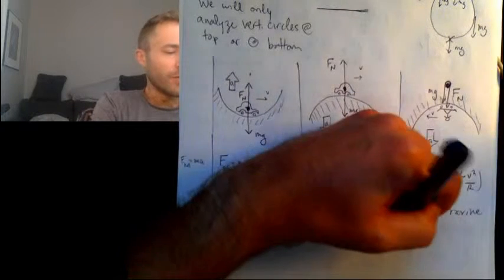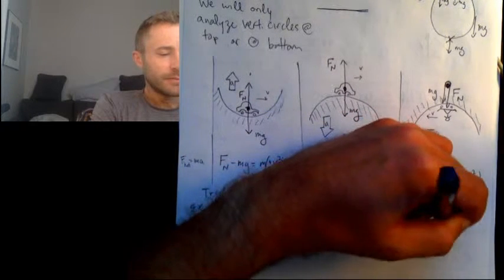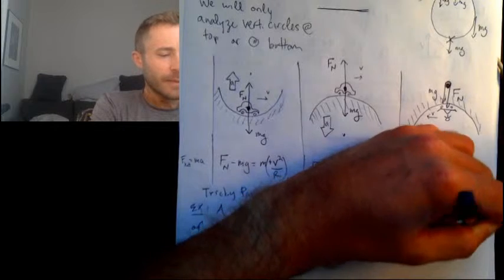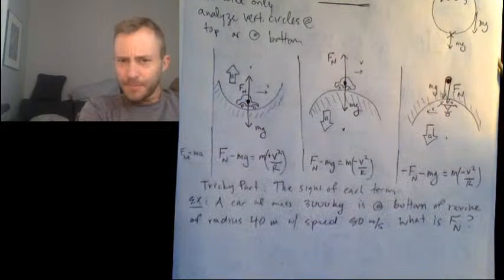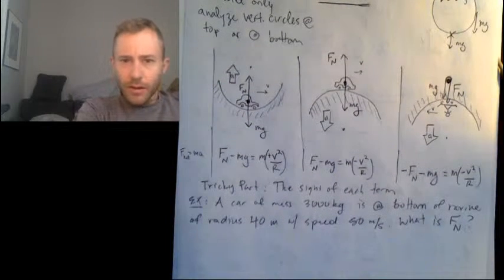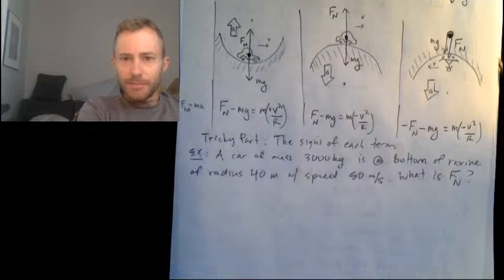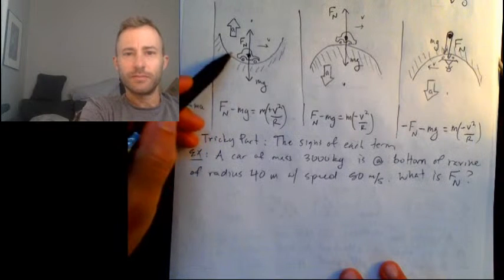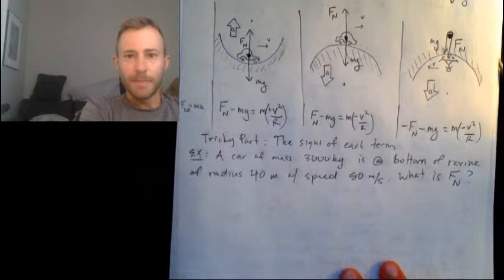What is the normal force on the car? So for this example, we have a car at the bottom of a ravine. So that's this first example here.